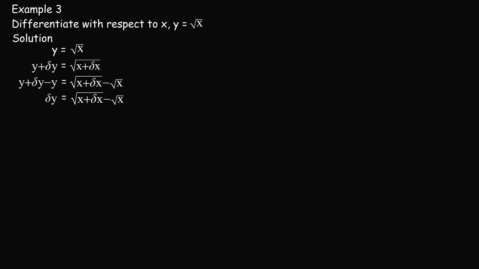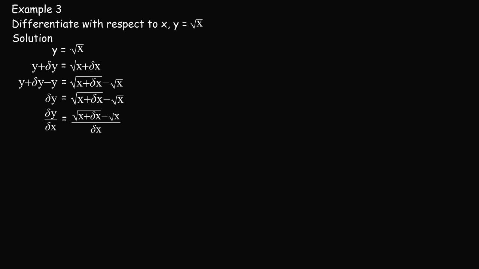Now, to get delta y over delta s, we divide both sides by delta s. Our equation becomes delta y divided by delta s will be equal to the square root of s plus delta s minus the square root of s, divided by delta s. Now, to simplify our right hand side, we are going to be using our knowledge from surds. We will be multiplying the right hand side by the conjugate of the numerator, which is the square root of s plus delta s plus the square root of s.